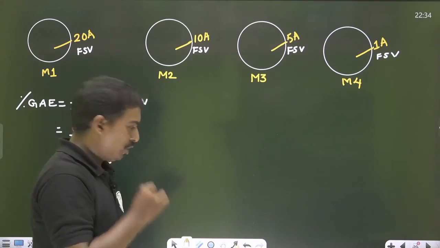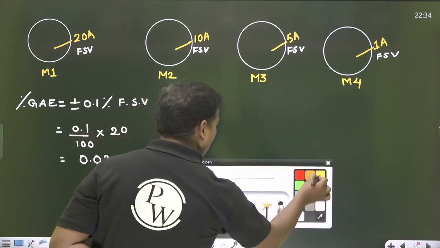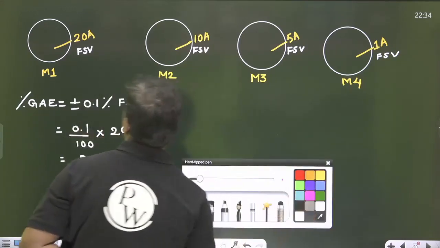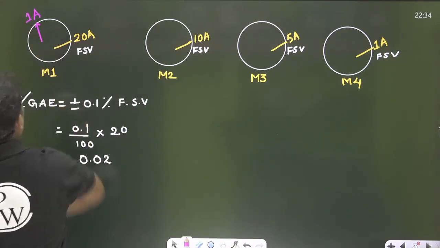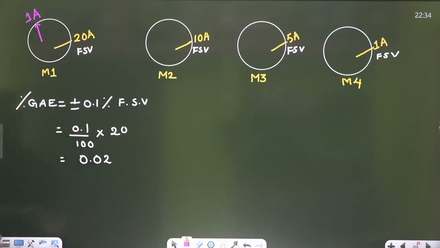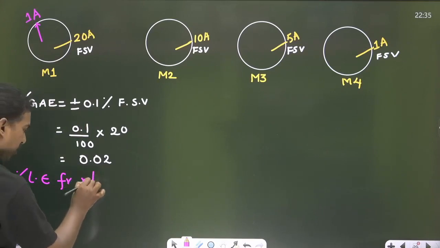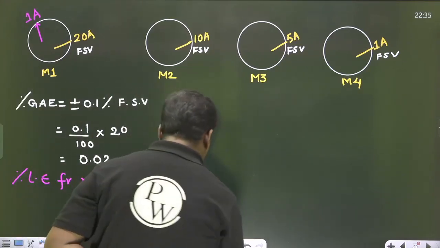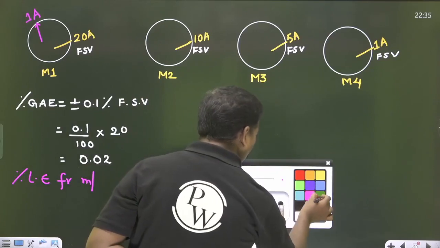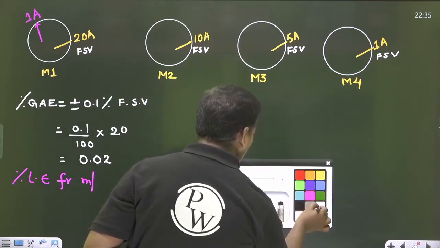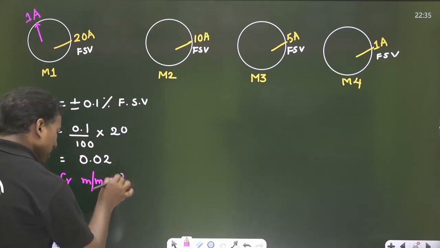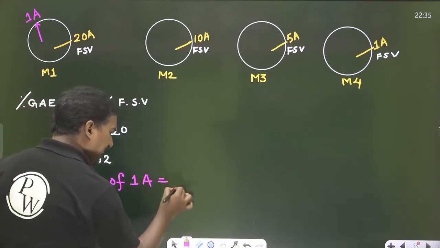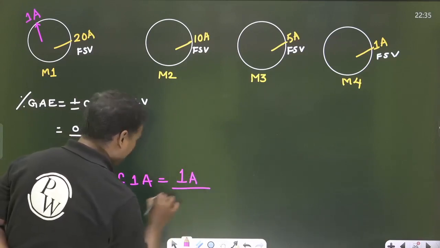Now, if I am measuring with this instrument a current of 1 ampere, what is the percentage of limiting error for the measurement of 1 ampere?